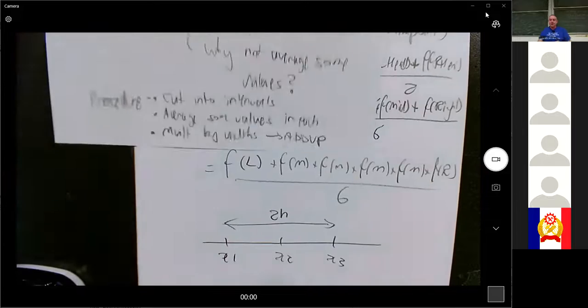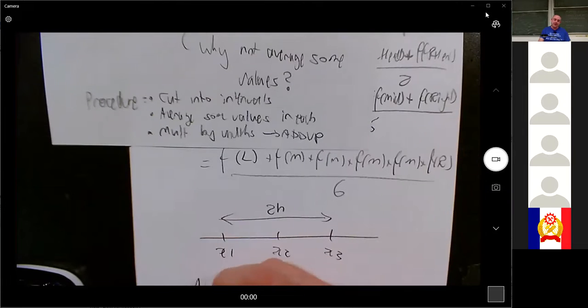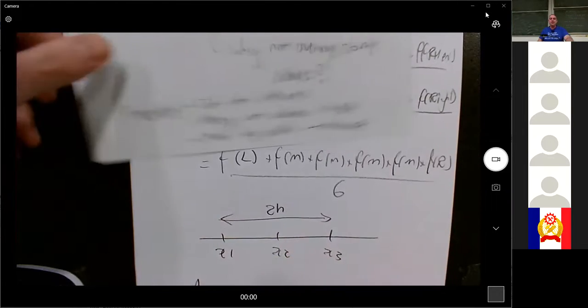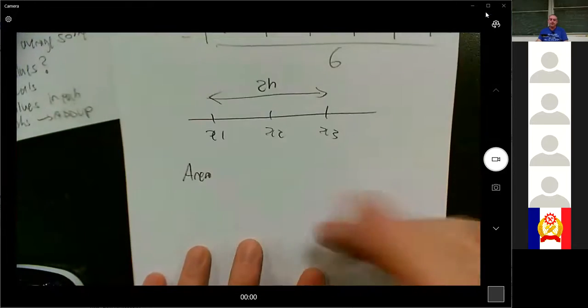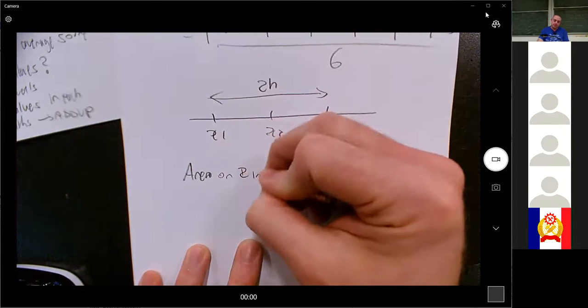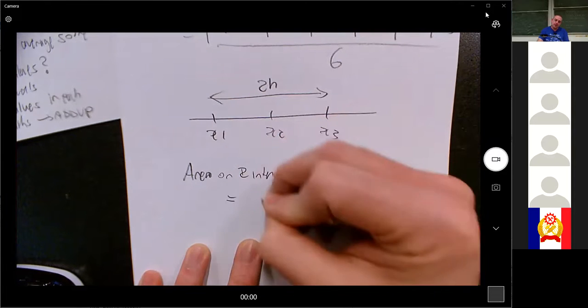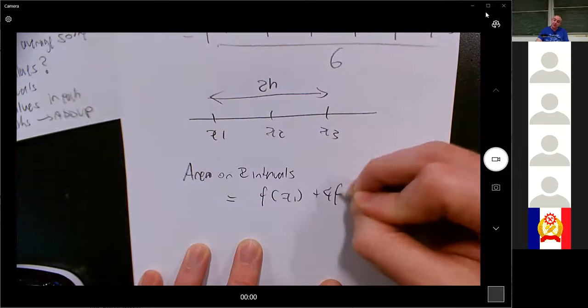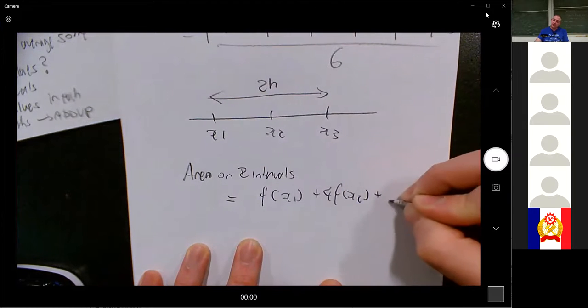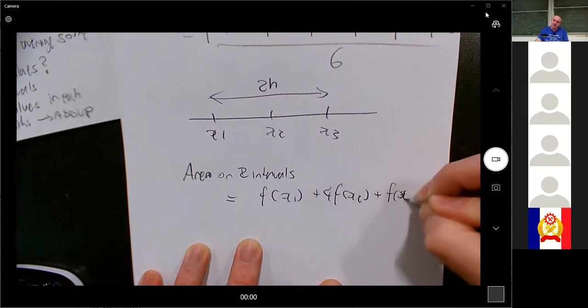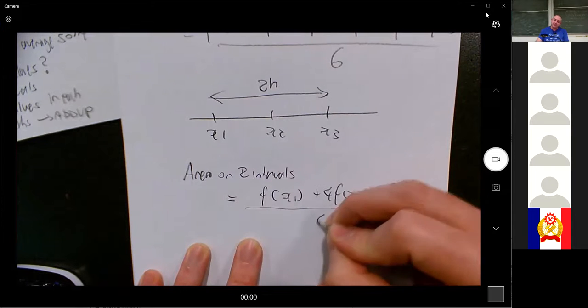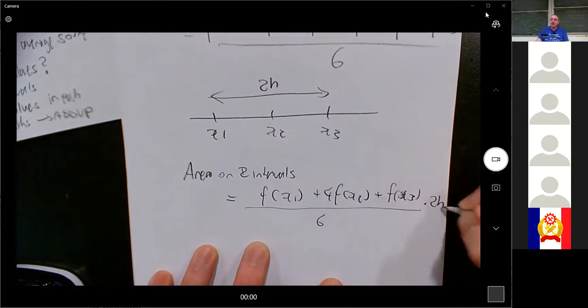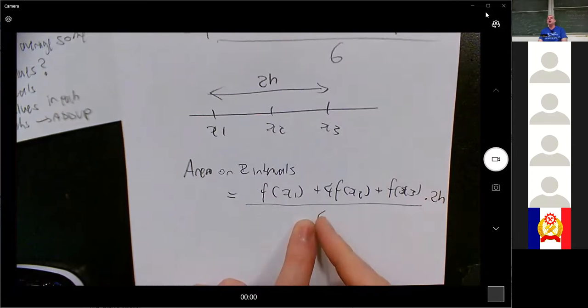And so you have the area on these 2 intervals is f of the left one and 4 of f of the middle one and f of the third one divided by 6 times the width, which is 2h, and then the 2 cancels out with part of the 6 to make a 3.